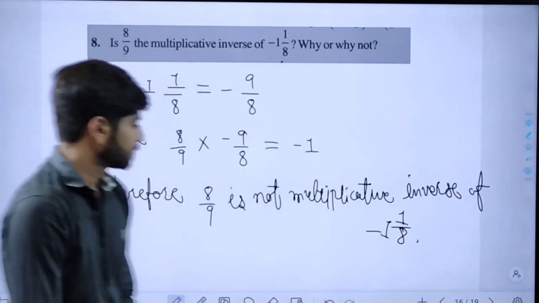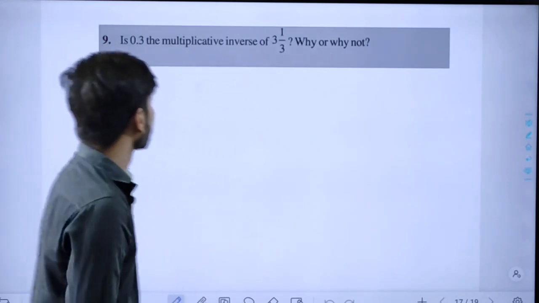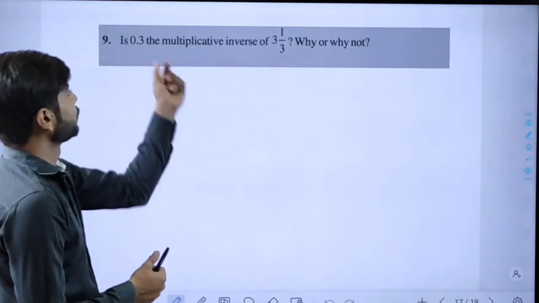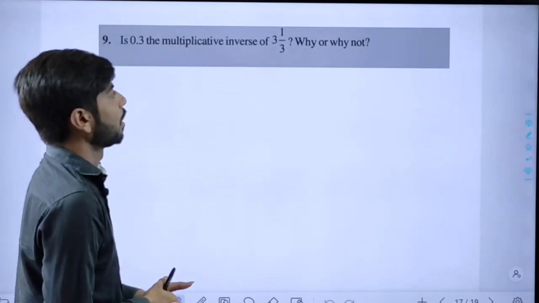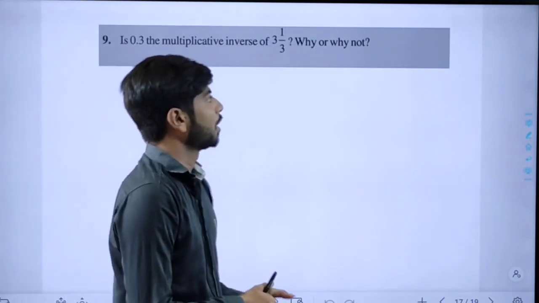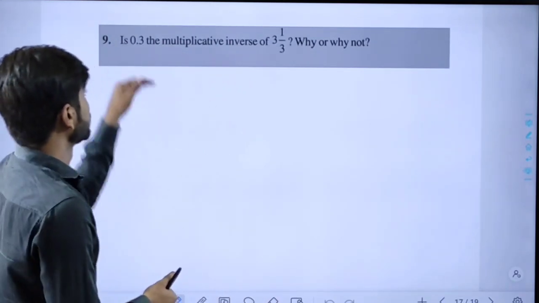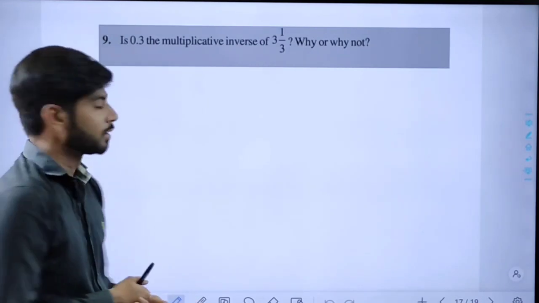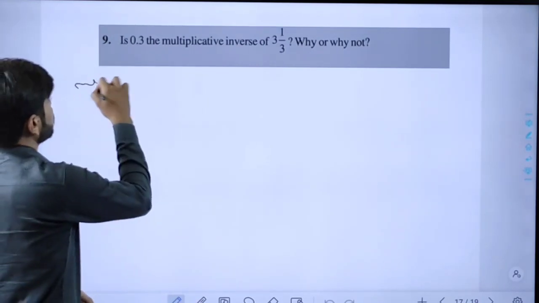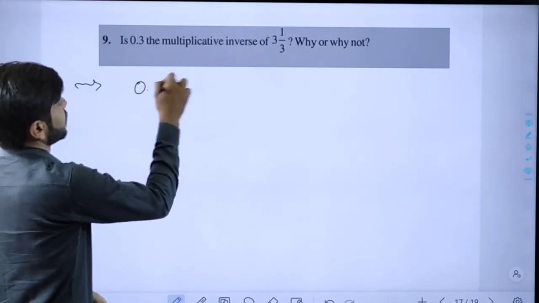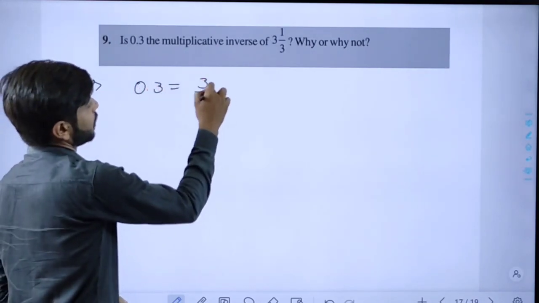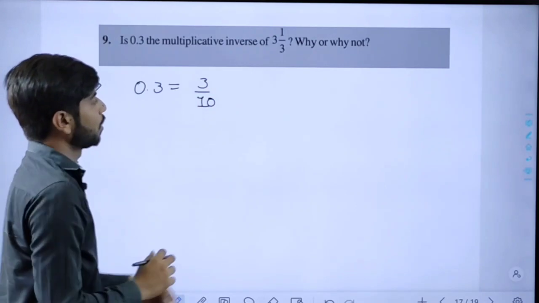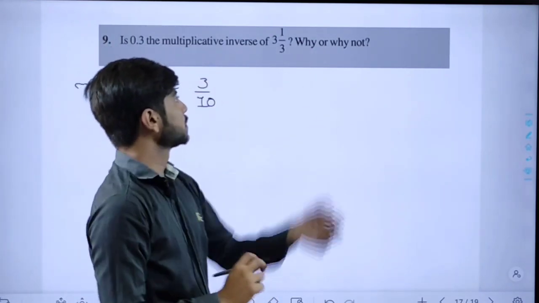Okay, now next, 9. Is 0.3 the multiplicative inverse of 3, 1 upon 3? Why or why not? First of all, we will change 0.3 decimal number to the fraction, or you can say rational number. So 0.3 is equal to 3 upon 10. Now again we will do the same process.